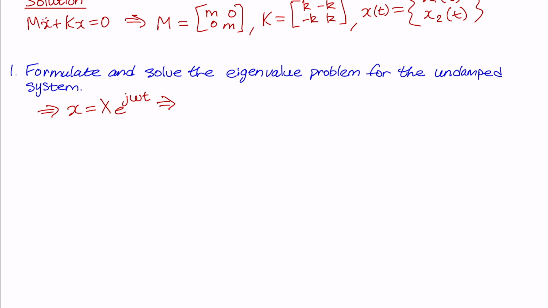There's no damping here, so we will certainly get oscillations. So this is a valid assumption. We can plug this back into our equation of motion, and we'll get minus omega squared m plus k times big X e to the j omega t equal to 0.